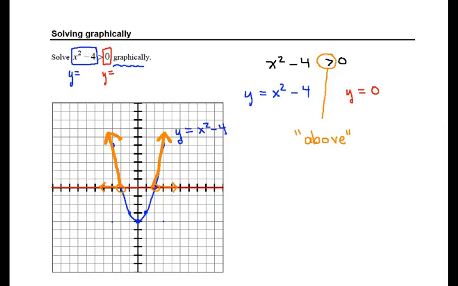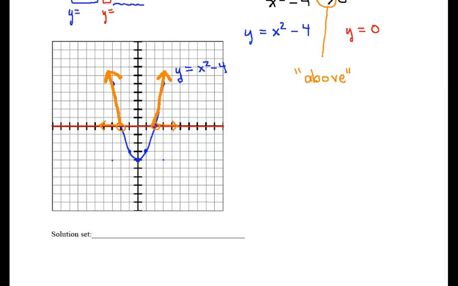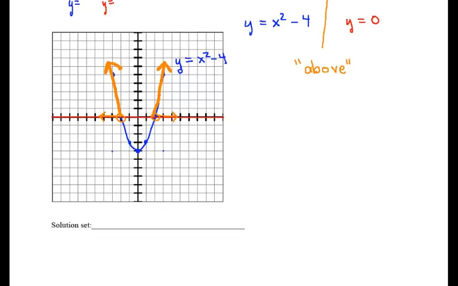Now looking at the part of the x-axis that I marked up, I can translate that into interval notation for my solution set. The first interval starts at -infinity and goes up to -2, ending in an open bracket, then a union symbol. The second interval starts at +2 and goes up to +infinity.